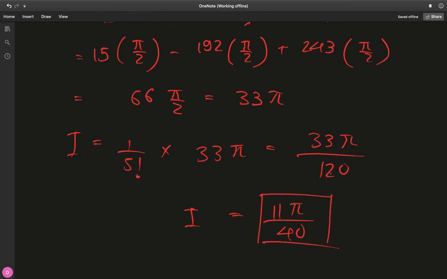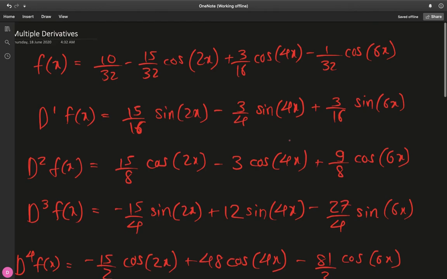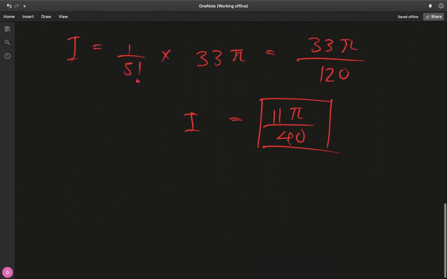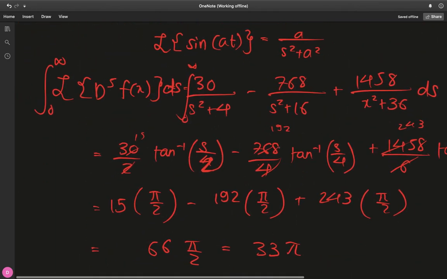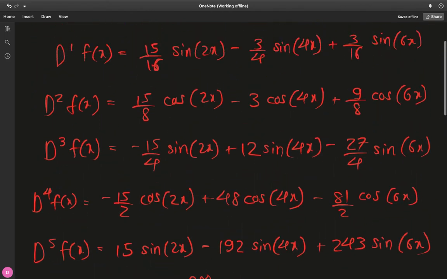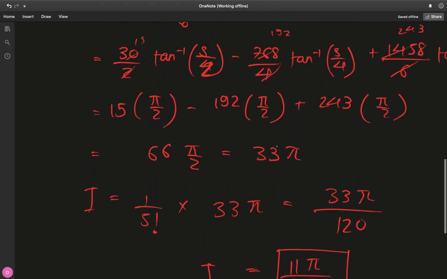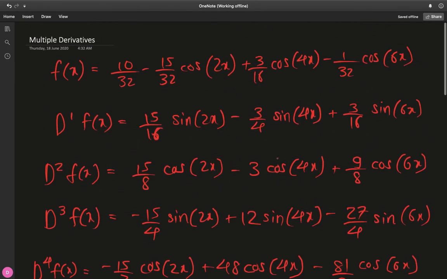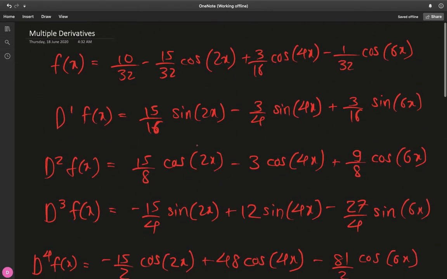So that's an excellent integral, an excellent candidate for using this more general Laplace transform property that I discussed in my last video. So please check my last video out if you don't know what I was talking about all this while when we introduced that identity.